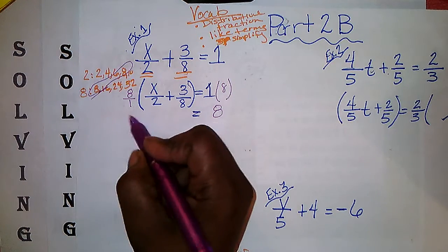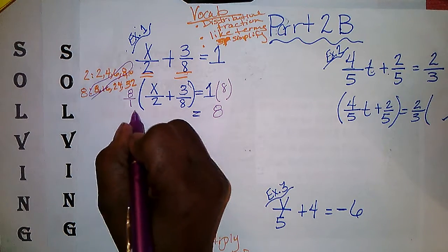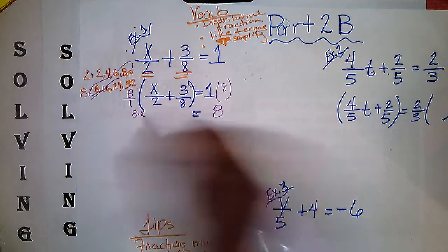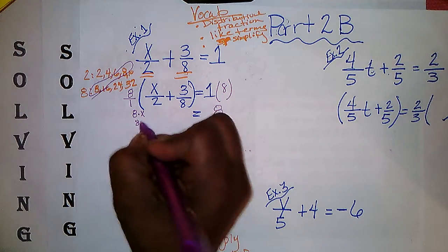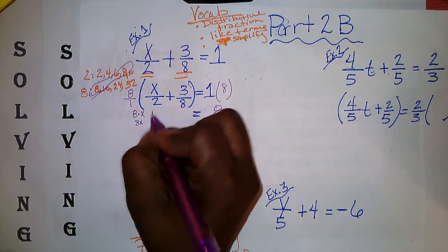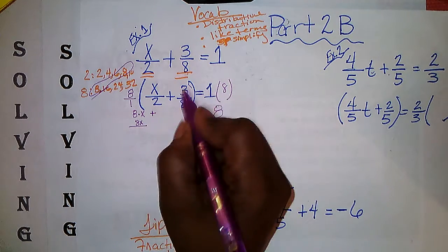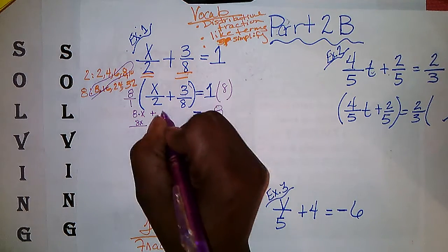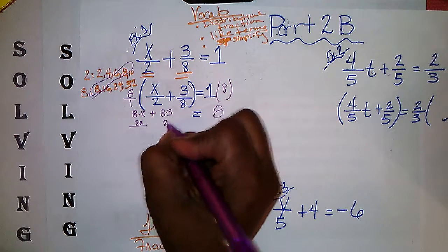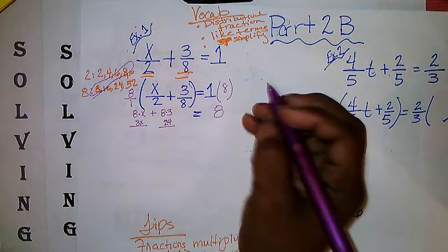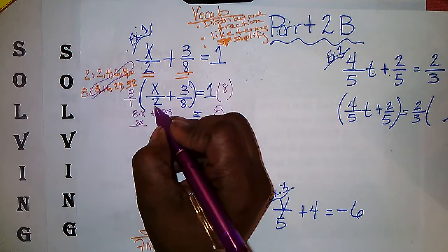And here, we're going to use the distributive property. So in using the distributive property, remember we got 8 times x, which gives us 8x, and that's our numerator. And then we have 8 times 3, which gives us 24. And again, that's our numerator there. Then we do the same thing to the denominator.